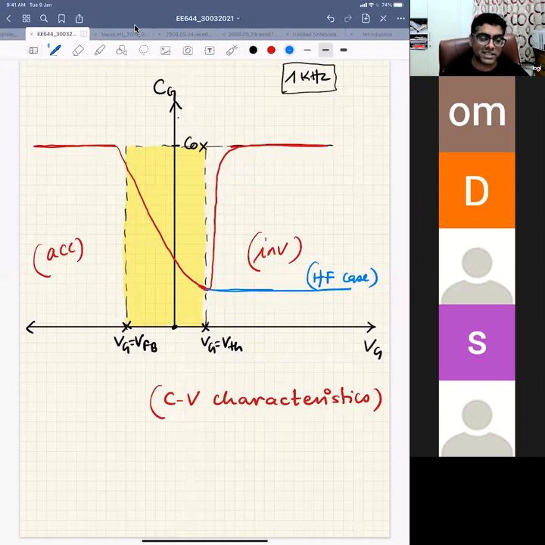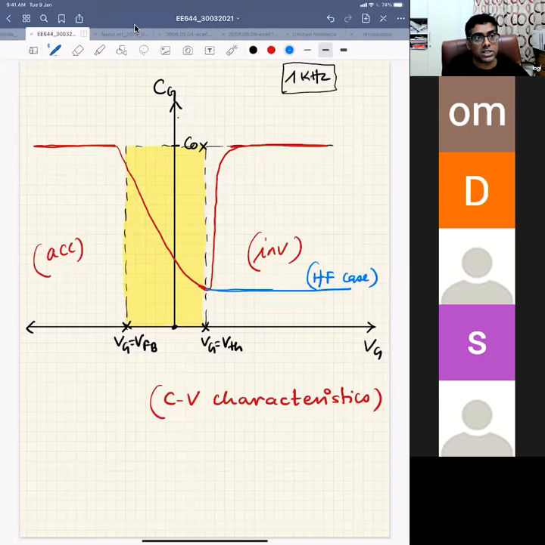That means your capacitance will be very less. This is a typical phenomenon that we observe in MOS capacitors when you measure the CV characteristic at higher frequencies.